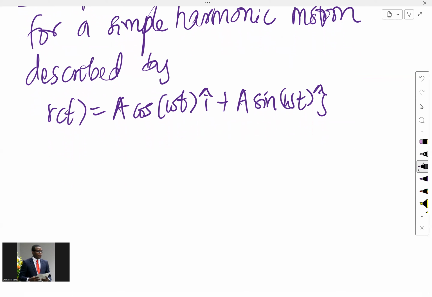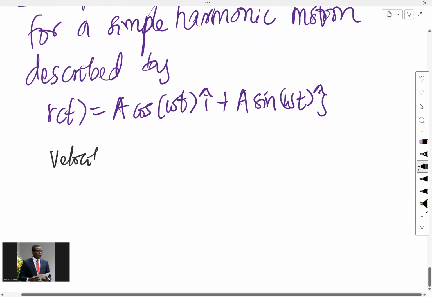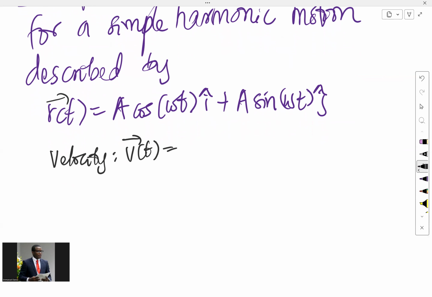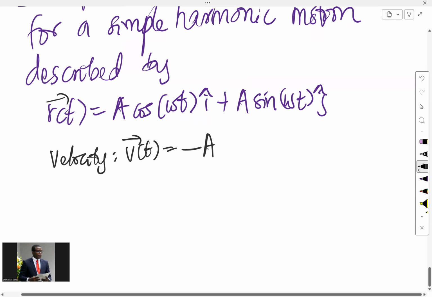First of all, let's start with the velocity. Velocity v of t is such that differentiate cos, you get minus sine. And then, of course, you have to differentiate the omega t inside first. So you have minus a, then omega, when you differentiate omega t with respect to t.